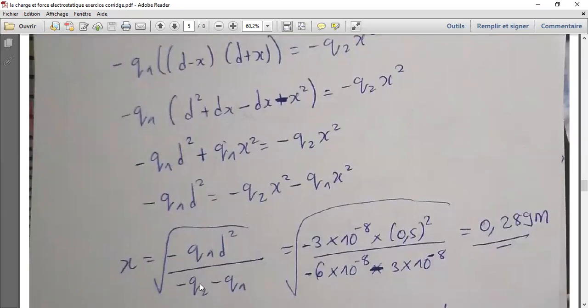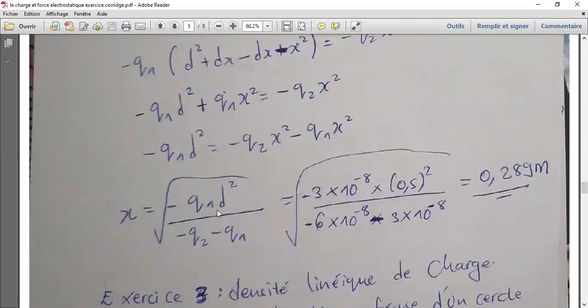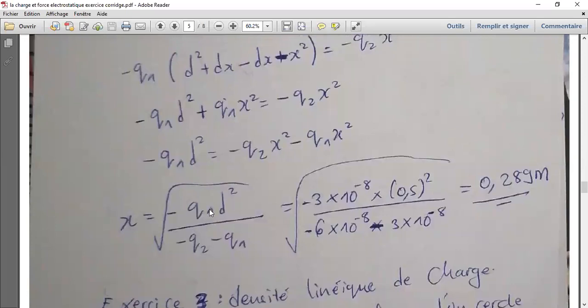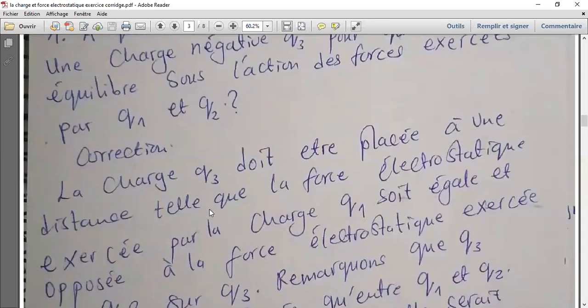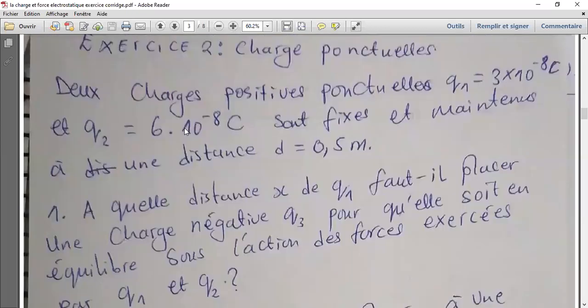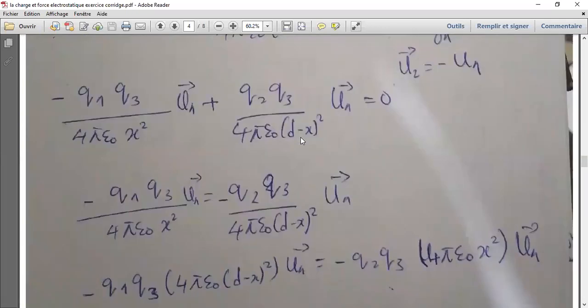Since I've been given the value of Q1, and the value of Q2, and I've also been given the value of d, I'll just replace in my values here.